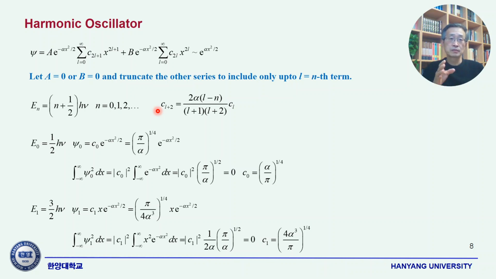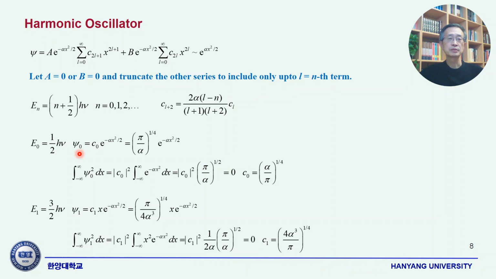But here, in the pedagogical way, we will find psi 0, psi 1, psi 2, psi 3, and so on, probably up to that. First, n equals 0, then E0 is 1/2 h nu. We will obtain psi 0 this way.